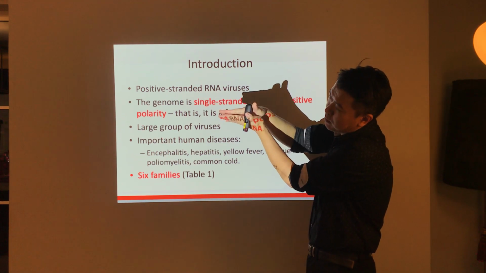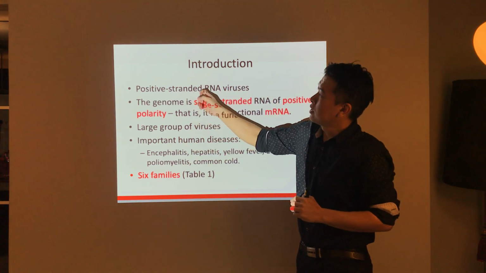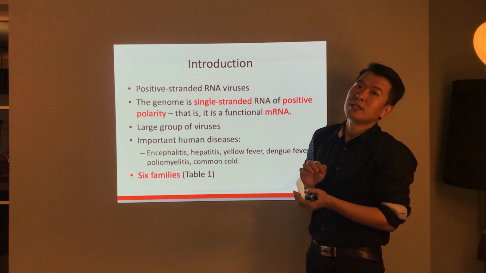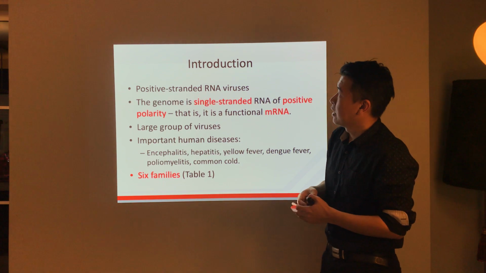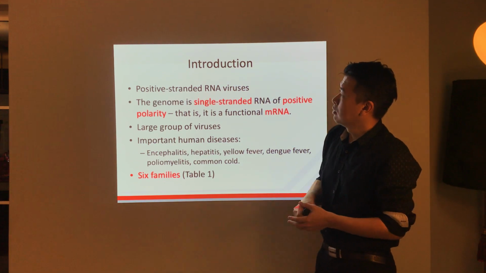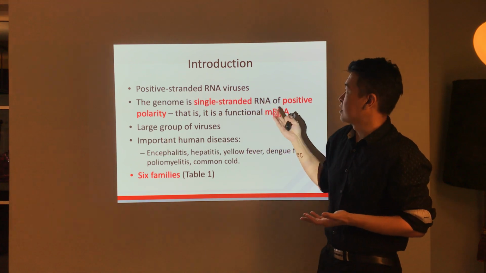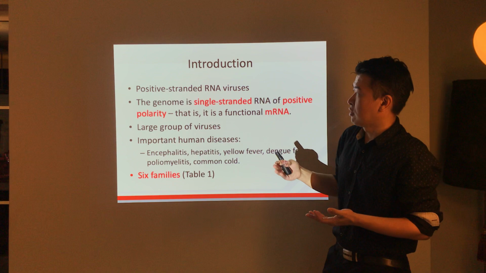When this double strand is separated, the 5' to 3' strand is the positive strand and the 3' to 5' strand is the negative strand. I hope you understand what it means by positive strand and negative strand. So the positive-strand RNA is just single-stranded with positive polarity.